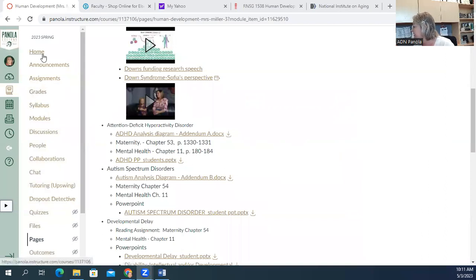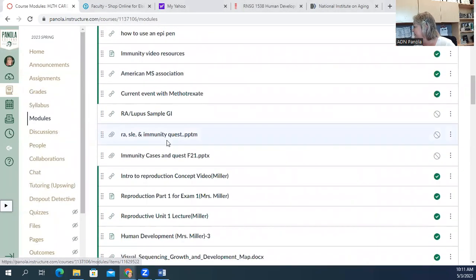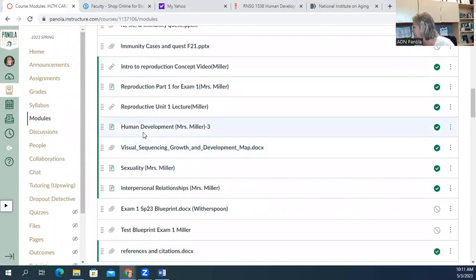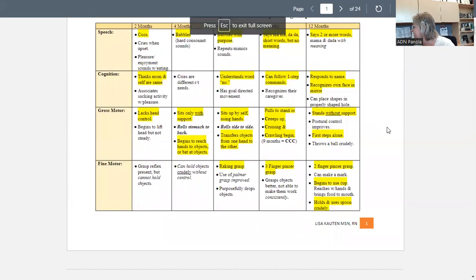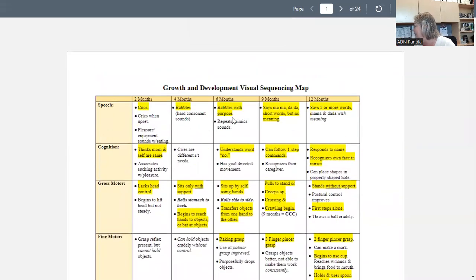Under the modules, I have a nice form, and I certainly don't expect you to memorize all of this, but I do want you to look at this and just get an understanding of what's normal at what age.